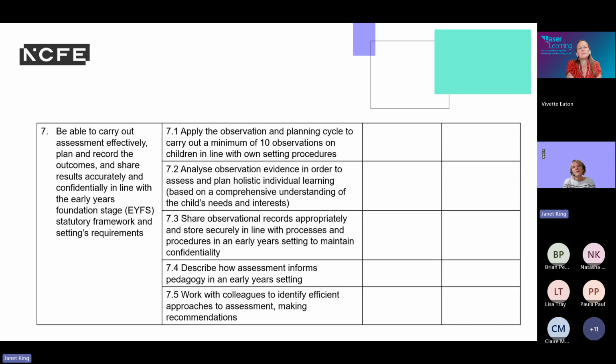And then as you feel they've refined it and they've got observations off to a T, and they really do understand this process, then you're looking at these 10 observations in line with the settings' own setting procedures.